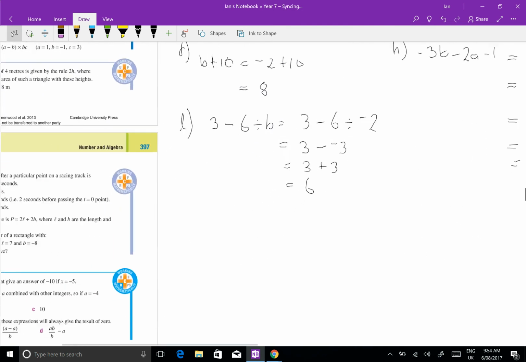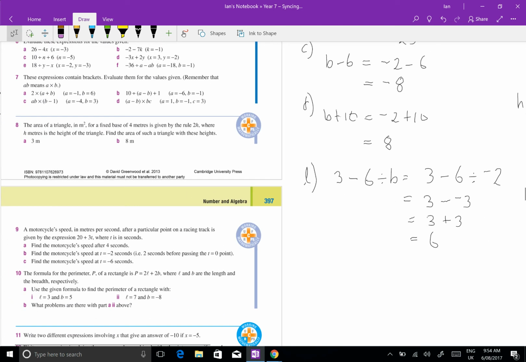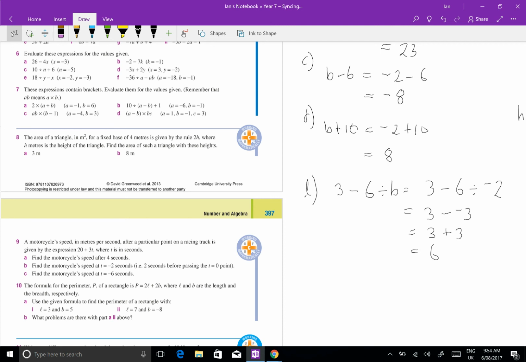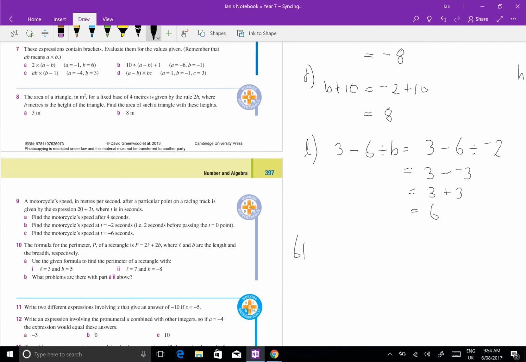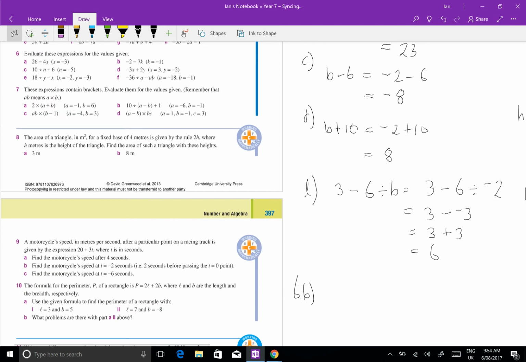Now, question 6. So they tell me what to do, so I might just do B and D. So 6B. 6B is pretty easy. It's only one value. It's an expression with one value, which is negative 2 minus 7k. And they say let k equal negative 1.